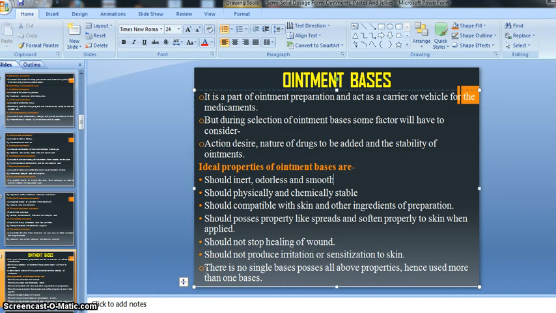That is why there is a suggestion to use more than one type of base in order to get all kinds of properties. If our combination of bases possesses all these properties, there is a chance of formation of a stable ointment. These are the ideal properties.